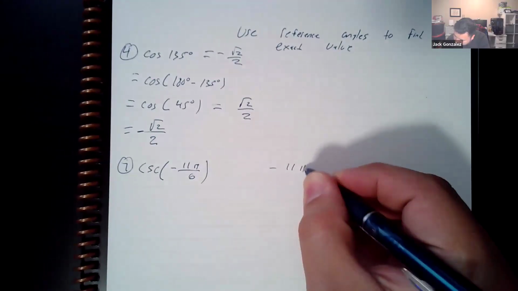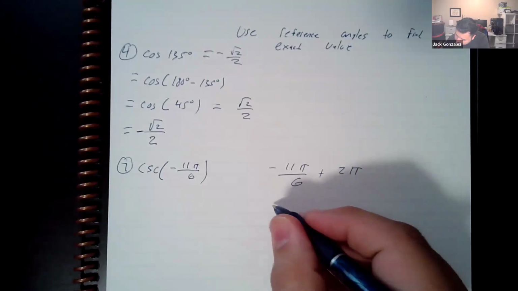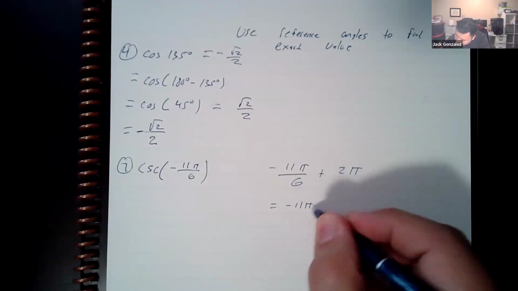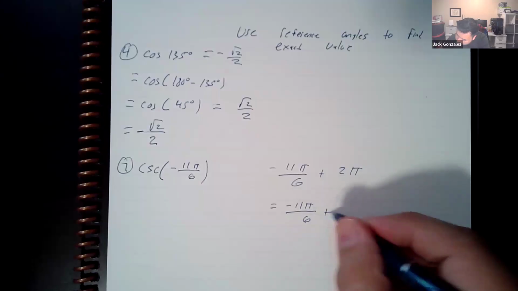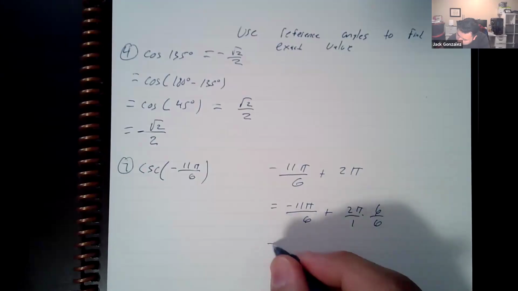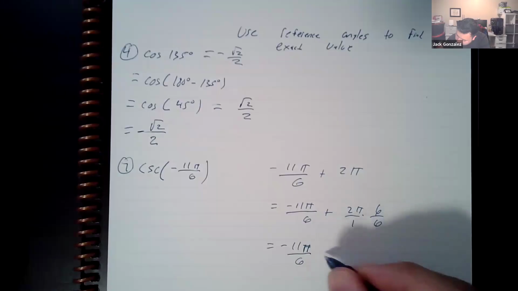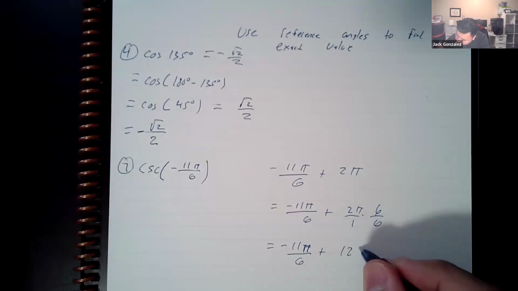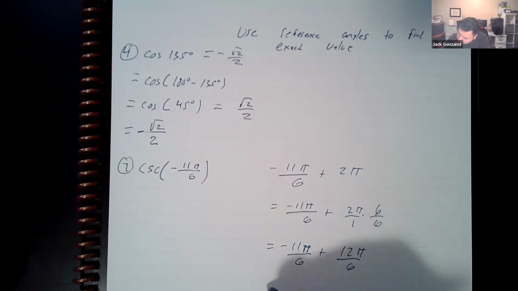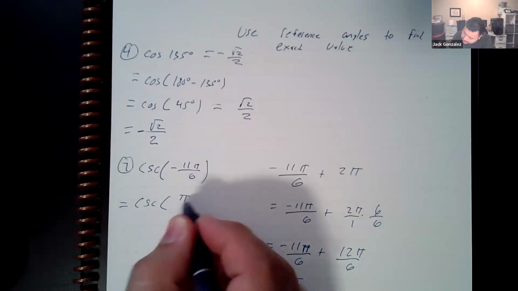Negative 11 pi over 6 plus 2 pi. So it's simply this one, cosecant of pi over 6.